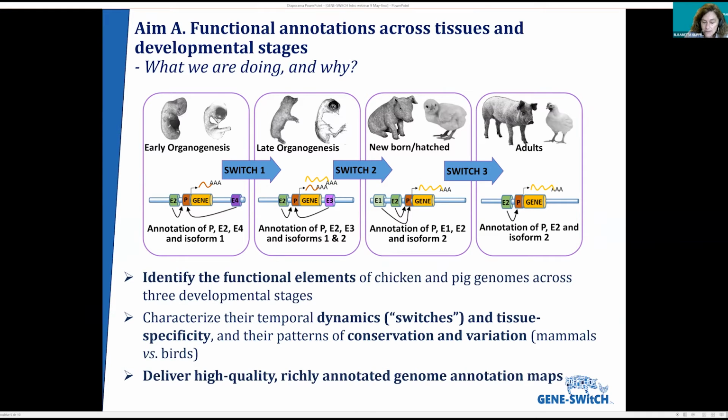Of course, implicit in the project is an interesting approach of comparative genomics of mammals versus birds. And we want to deliver high quality, richly annotated genome annotation maps for these species that will be available to the whole community.